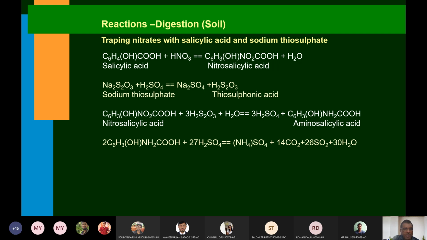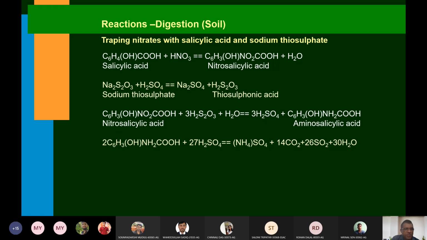And you also have another chemical, sodium thiosulfate. Simultaneously, side by side, sodium thiosulfate Na2S2O3 will react with the sulfuric acid, which is there in the sample. And then it will form sodium sulfate and thiosulfonic acid. Now this nitrosalicylic acid and thiosulfonic acid will react with each other and form aminosalicylic acid.